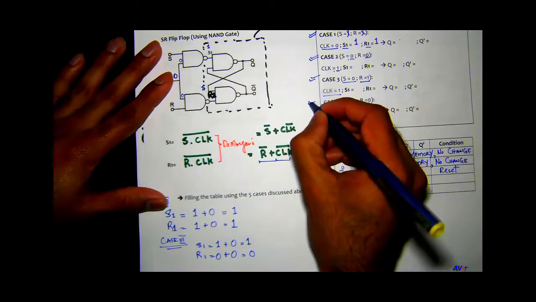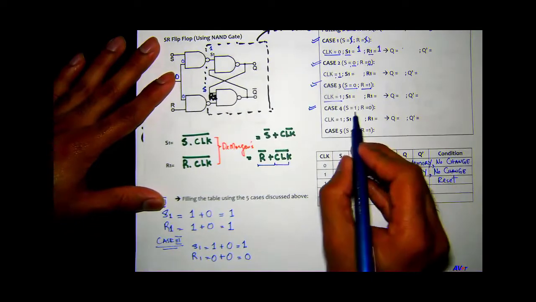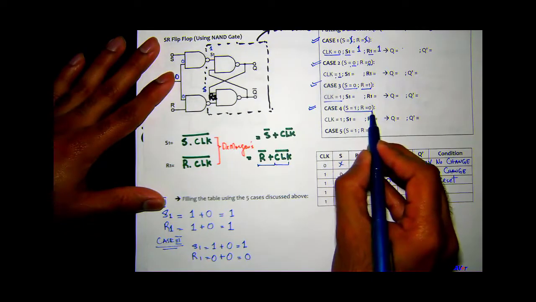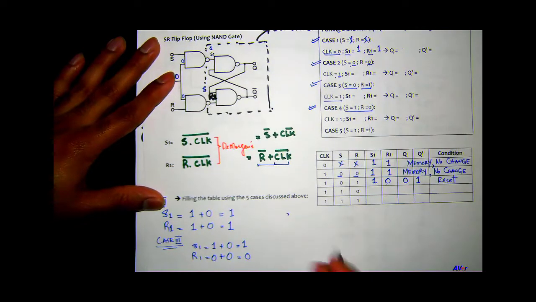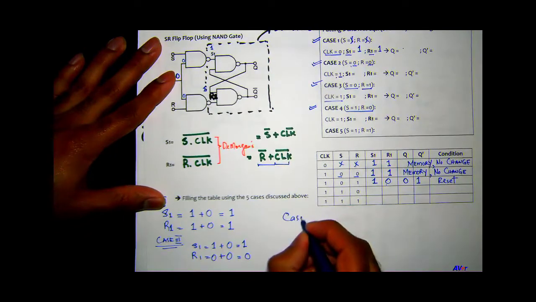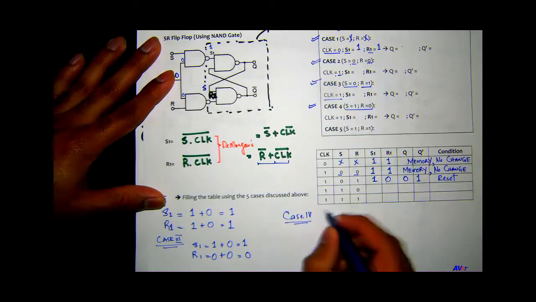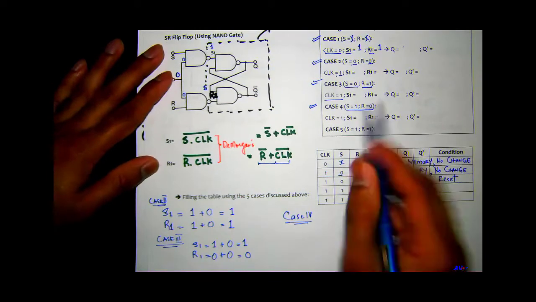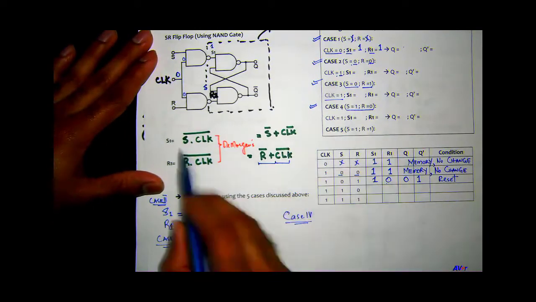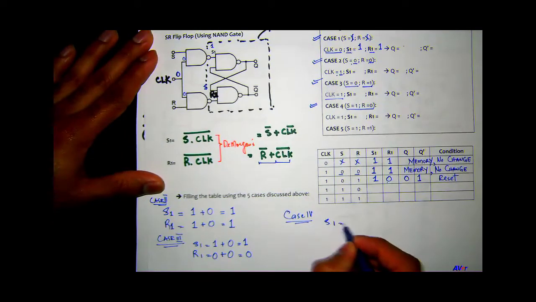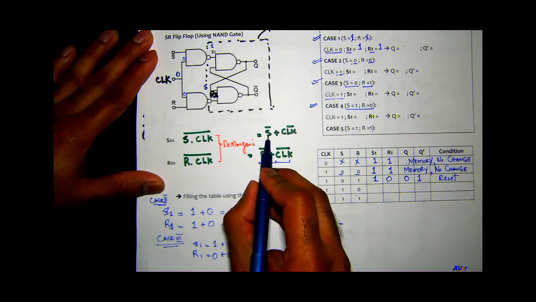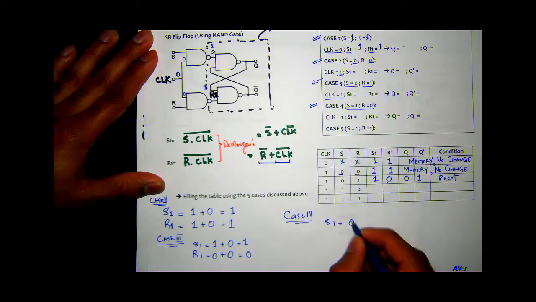Moving on to case number 4 now, when S is 0 and R is 1. Okay, so this is case 4. S1 is S bar plus clock bar. S equals 0, so invert of that would be 1.